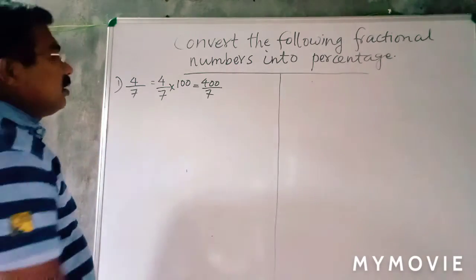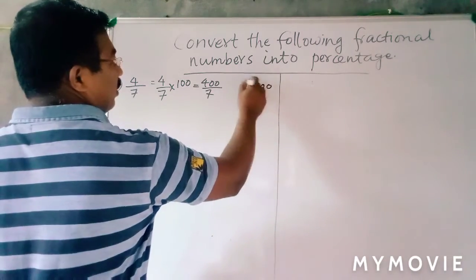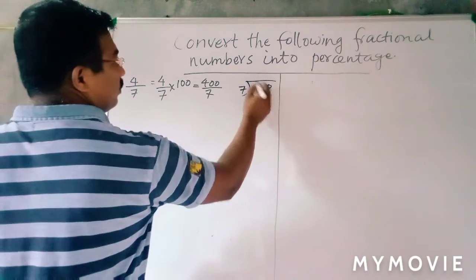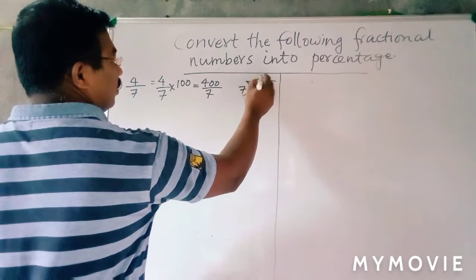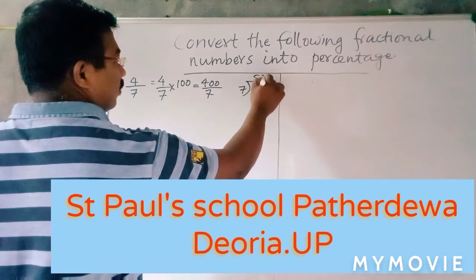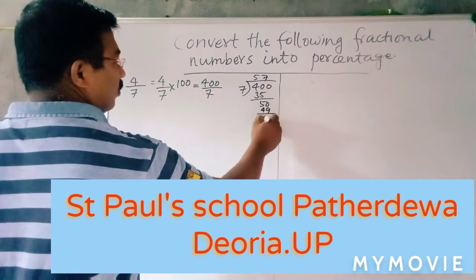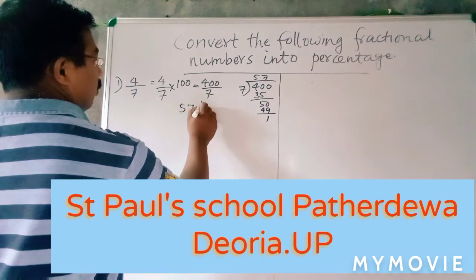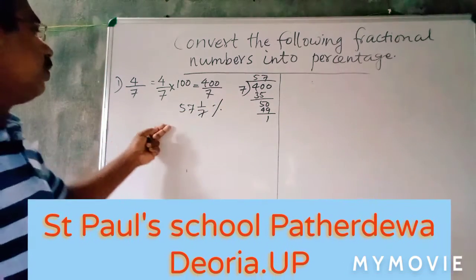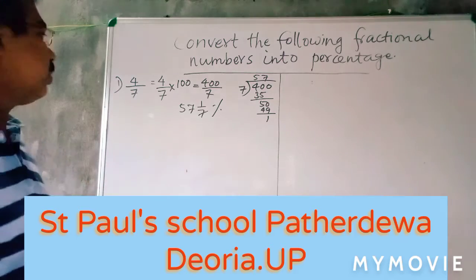It does not cancel. So we divide it here by 7. It is 57 1 by 7%. You will get the answer like this: 57 1 by 7%.